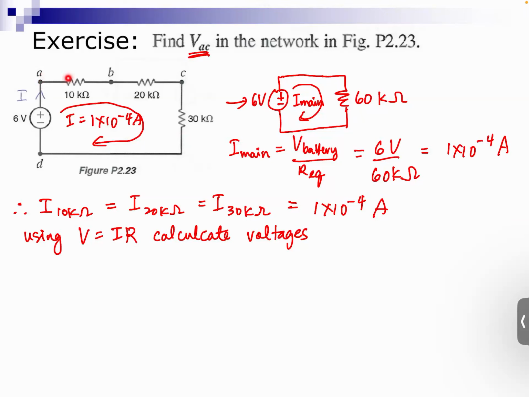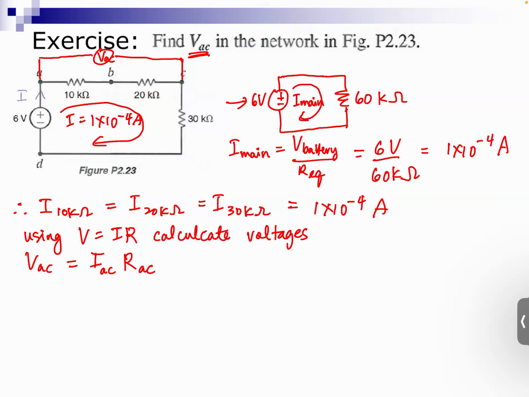You can directly calculate the voltage across A and C, which is effectively taking the voltage across these two points. You have two resistors across the points A and C. The voltage across A and C will be equal to the current times whatever resistance there is between the points A and C. You have two resistors connected in series between the points of interest.